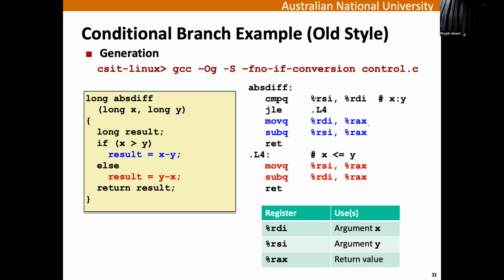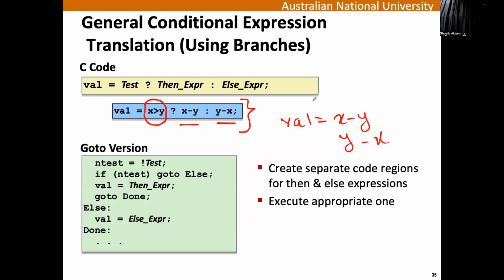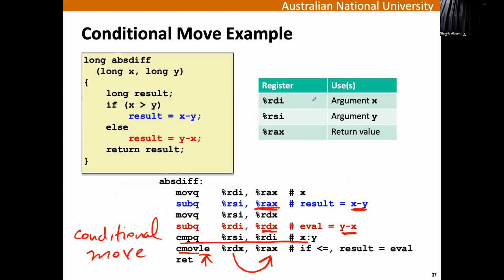All right, so this code over here is for the same function as this code over here. And after 1995, they introduced this instruction, conditional move. So why did they do that?